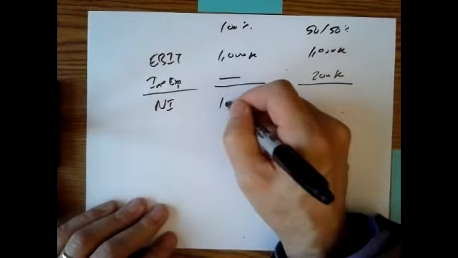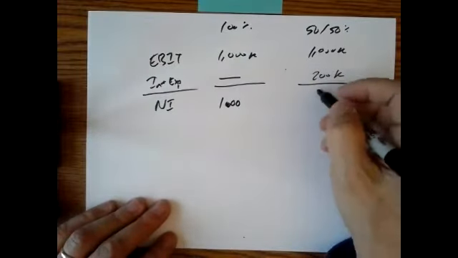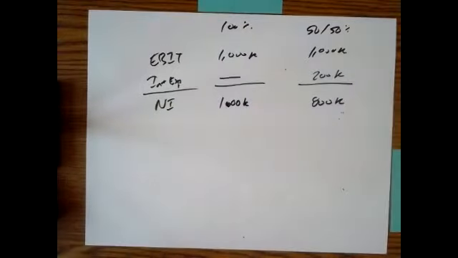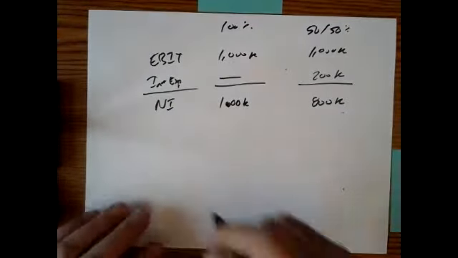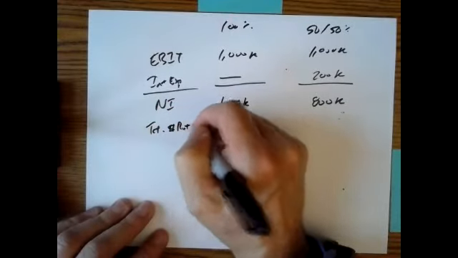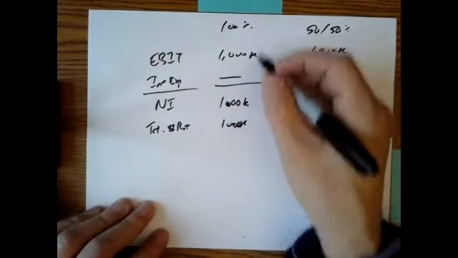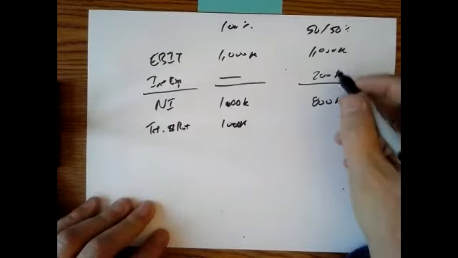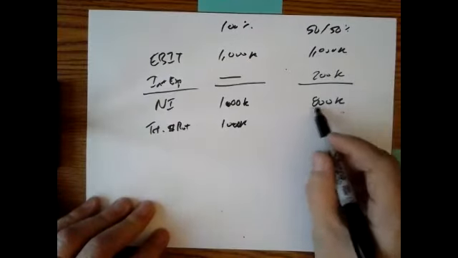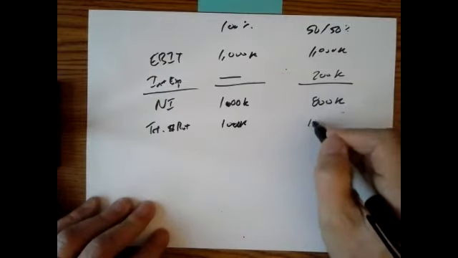So that's 1,000, and that is 800. And then the total dollar return would be 1,000, because it's 100% equity financing. The total dollar return to investors under the 50-50 is 800 in net income plus 200 in interest expense. So that's 1,000.